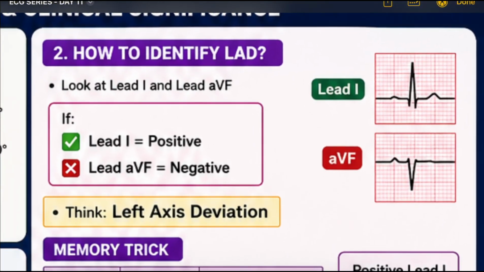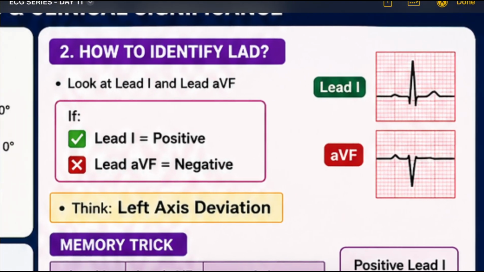To identify left axis deviation, we use the quickest ECG method: we look at lead 1 and lead AVF. If lead 1 is going up, then it is positive. If AVF is going down, then we call that negative.